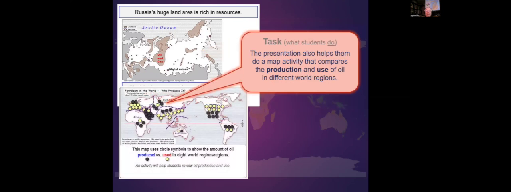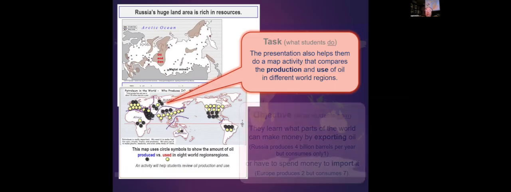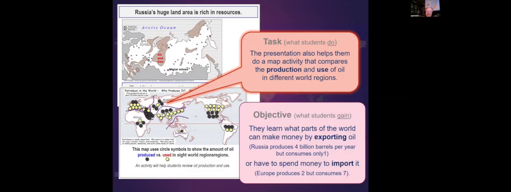And then it goes to the main resource in world trade today, and that is petroleum. And using Russia as a benchmark on here, they look at the production and the use of petroleum in different world regions. And they can learn what parts of the world are going to be able to make money by exporting oil.